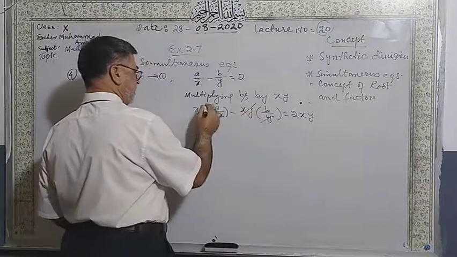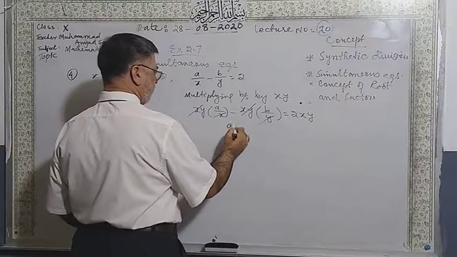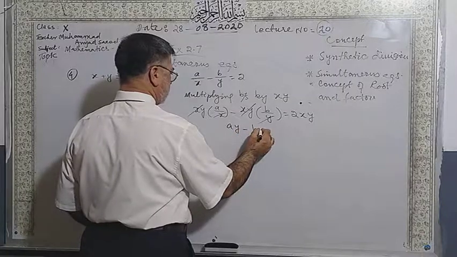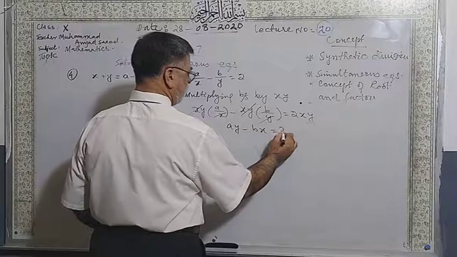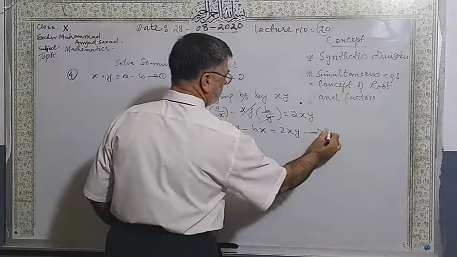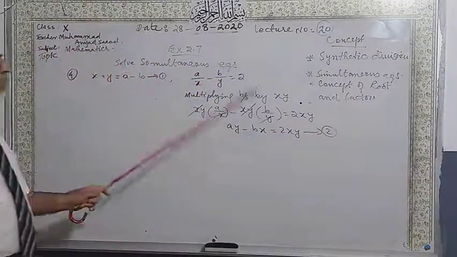Here y cancelled, x cancelled. We are left with ay minus bx is equal to 2xy. This is your equation number 2 now.